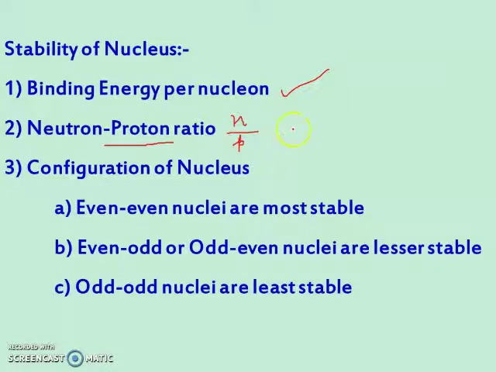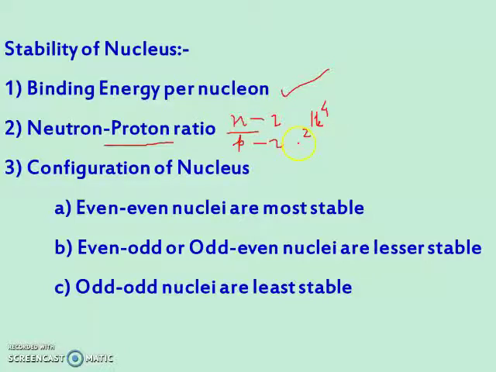Students, you can see that in light nuclei, for example helium, 2He4, there are 2 neutrons and 2 protons. It means the ratio is nearly 1:1. So helium is stable.